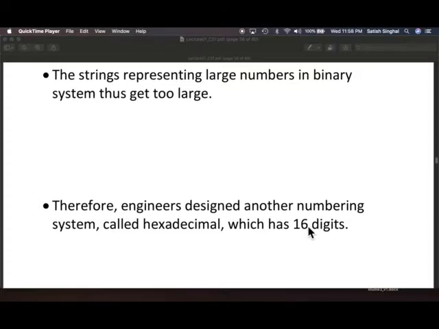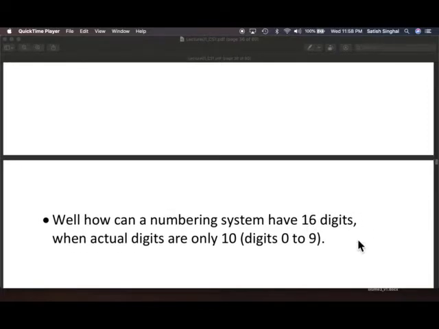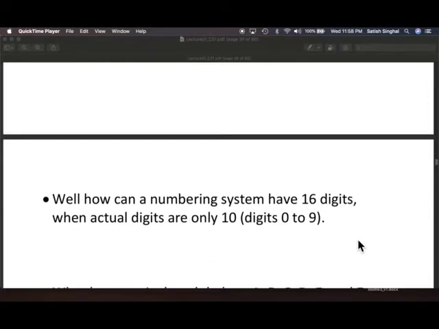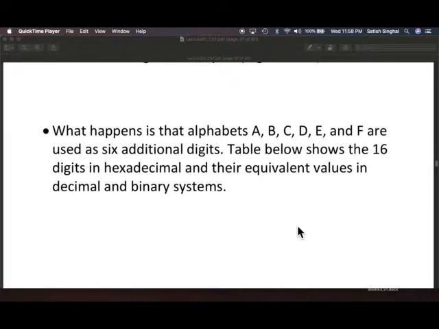So you can ask, how can a numbering system have 16 digits when actual digits are only 10, 0 to 9? So what happens is that we use 0 to 9 and then we use the alphabets A, B, C, D, E, and F. So A will be 10, B will be 11, C will be 12, D will be 13, E will be 14, F will be 15.